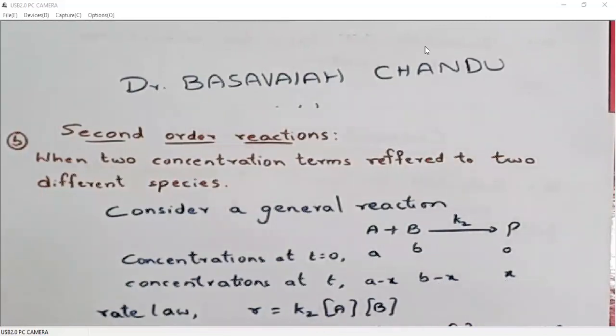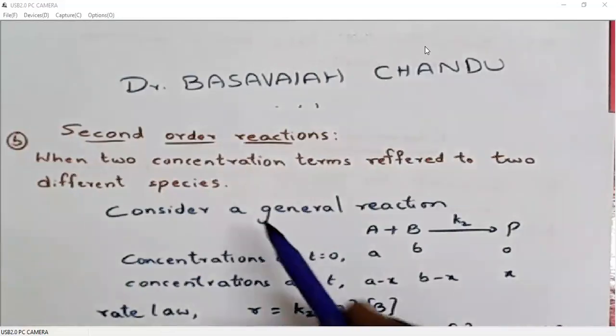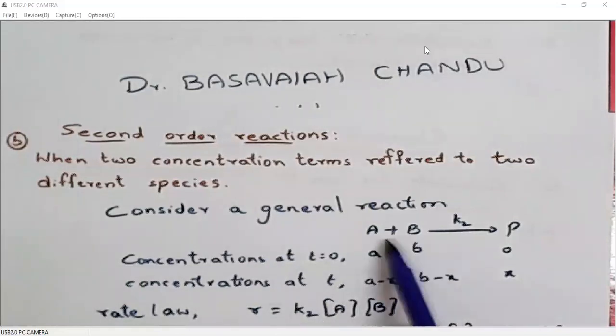Now we will take the rate law. Rate law R is equal to some constant into the product of concentrations, because it is a second order reaction with two different terms.